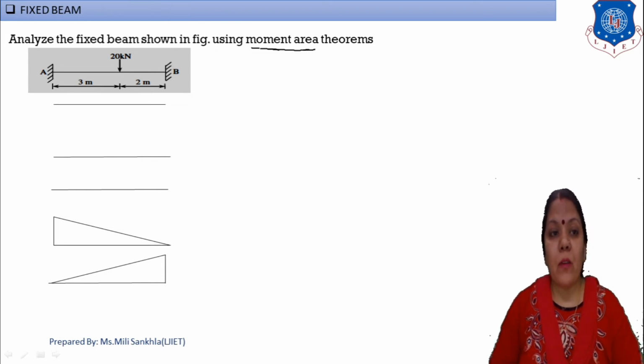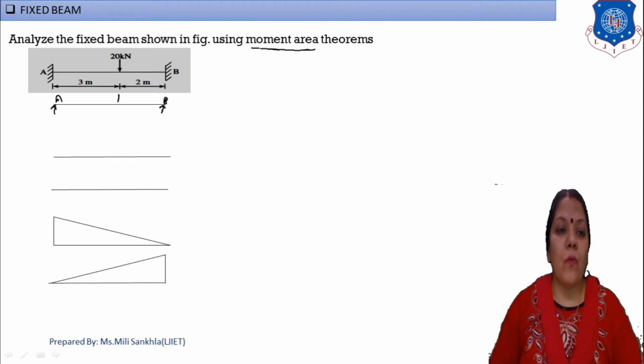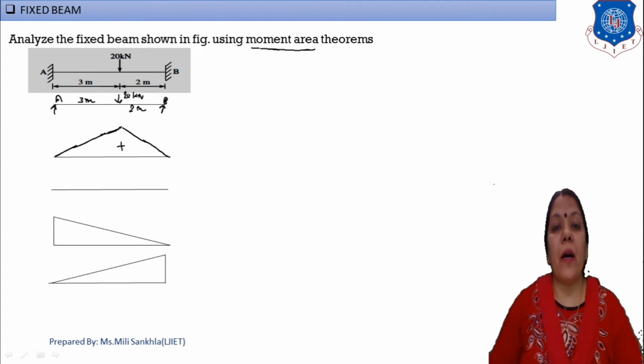Step number 1: convert the fixed beam into a simply supported beam. This is our first point, A, and this is B. Now convert this fixed beam into a simply supported beam. The given distance is 3 meters and this distance is 2 meters. The bending moment diagram of an eccentric point load is the same as for a concentrated point load, but here the moments are different.